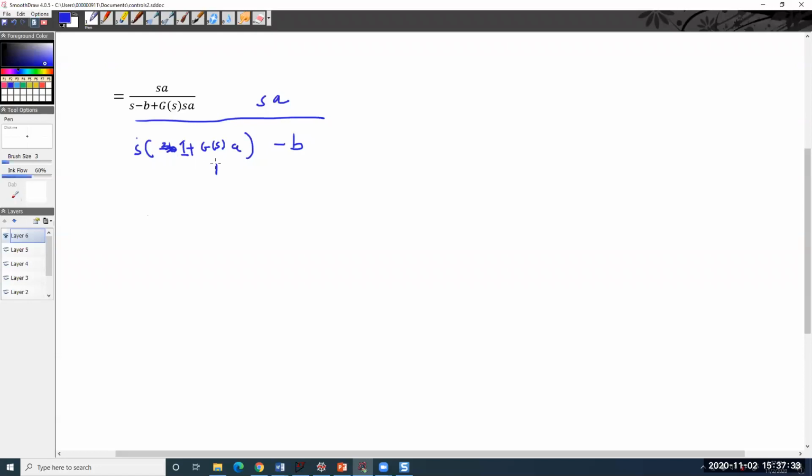So one option, right, is G of S equals K. Right, and if I make that less than 0, then the sign is negative, and then I can get it in control that way.